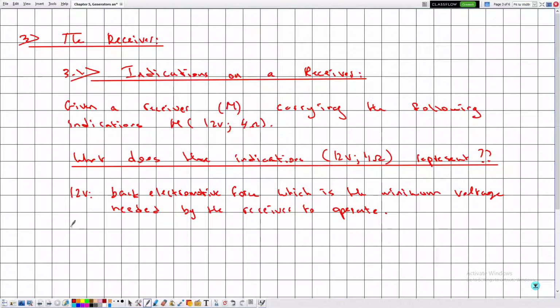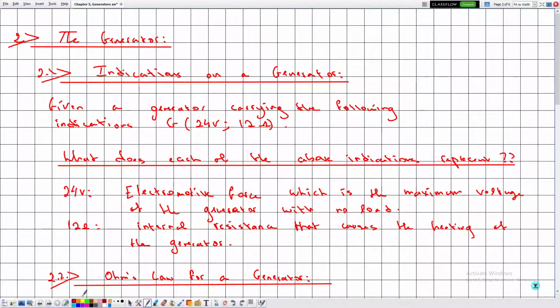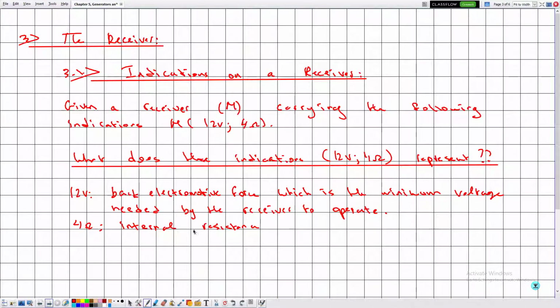Now what about 4 ohms? 4 ohms is simply the same as for the generator, so it is the internal resistance that causes the heating of the receiver. Okay, so these are the meanings of these indications.